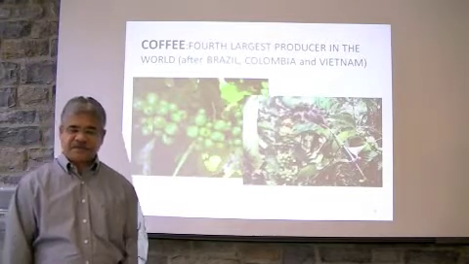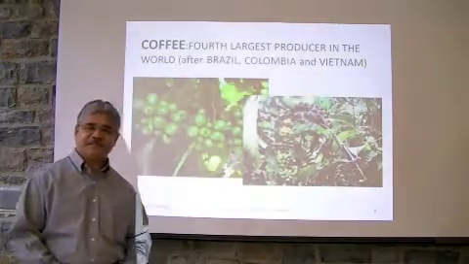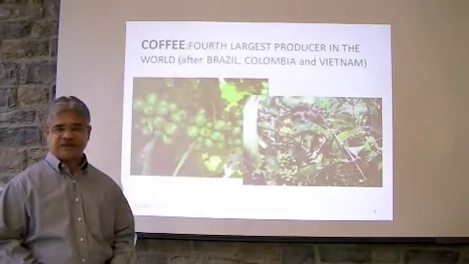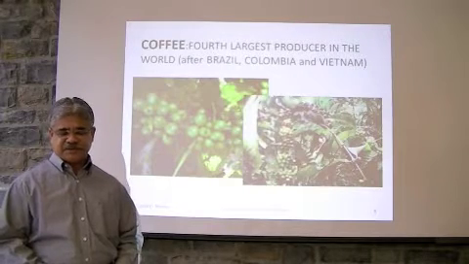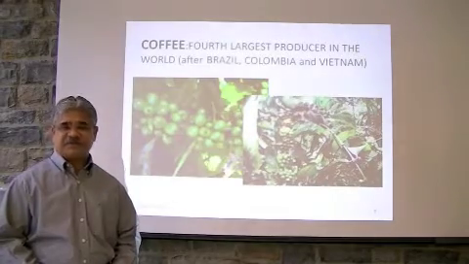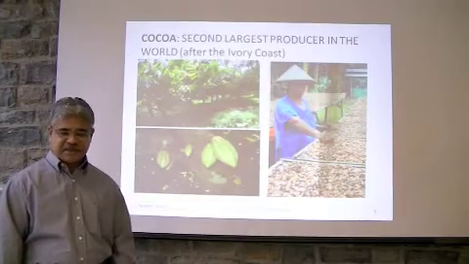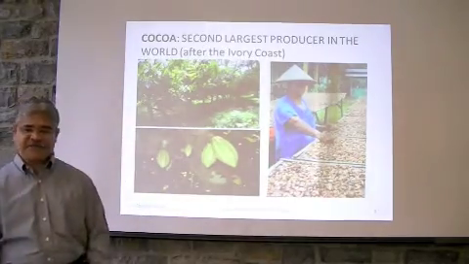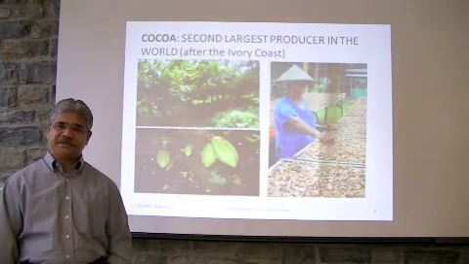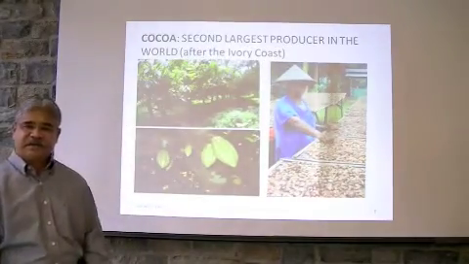Coffee: Indonesia is the fourth largest producer in the world after Brazil, Colombia, and Vietnam. And the Ministry of Agriculture planned that in 2025 they would like to see Indonesia as the major coffee producer in the world. Cocoa is second largest after Ivory Coast, but again, like palm oil, most of the cocoa nuts are exported.